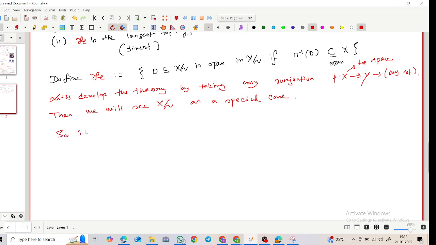So if we put pi equals P and Y equals X tilde, we have the identification topology on X.